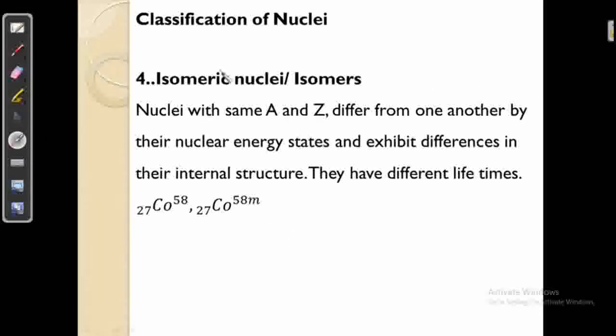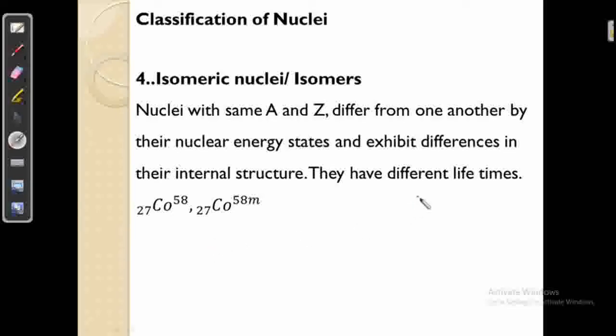The fourth category is isomeric nuclei or isomers. These are nuclei with the same mass number and atomic number, that is, the same element, with both the neutron number and the proton number the same, but they differ from one another in their nuclear energy states and exhibit differences in internal structure.